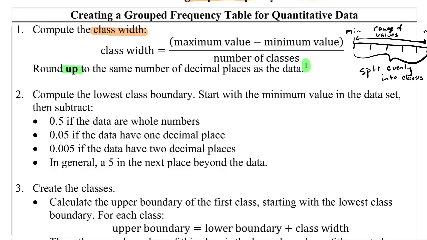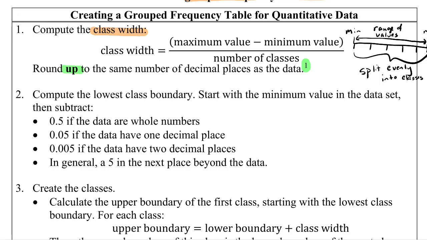And what we want to do is go 1 decimal place beyond the data values. If we have whole numbers, we want to subtract a half. If we have 1 decimal place, we want to subtract a half of 1 decimal place, so that's 0.05, and so on.